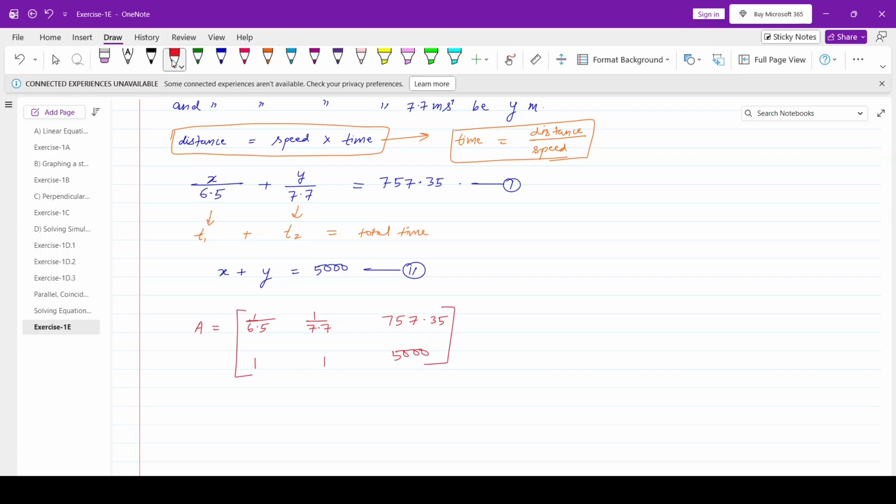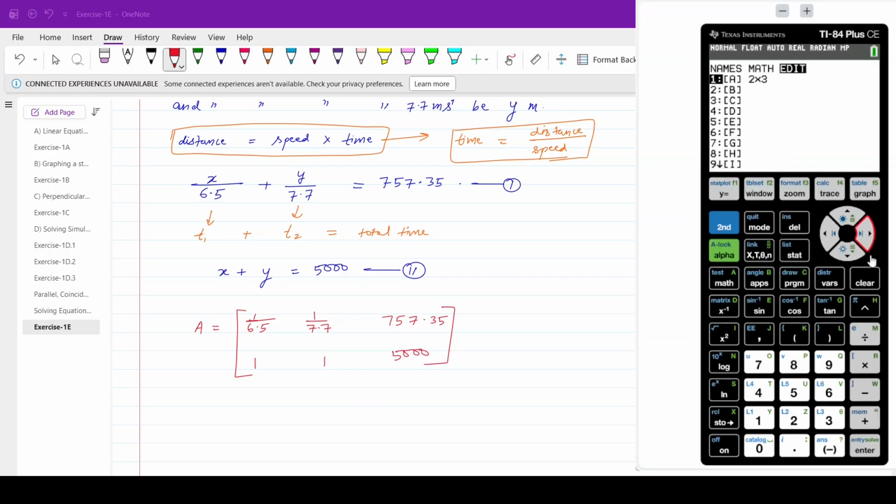Now let's solve this system of equation using calculator. So I'll go to matrix, I'll edit, 2 cross 3 is correct. So first number is 1 divided by 6.5, 1 divided by 7.7, 757.35, 1, 1, 5000.